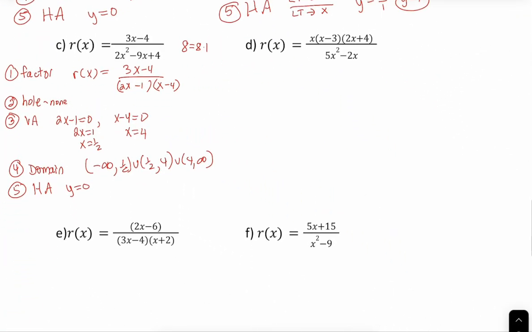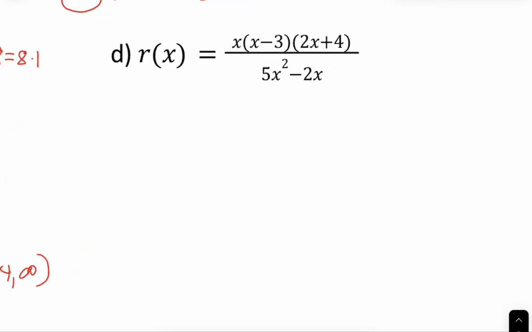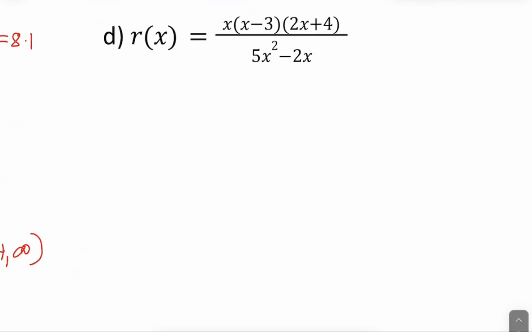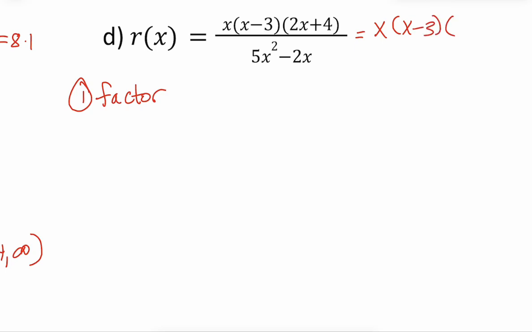Now let's do a few more. I find that this one needs factoring. I'm going to take out the 2 from this back piece. The only way to factor this one is that it's divisible by 2, so I'm going to take that out.